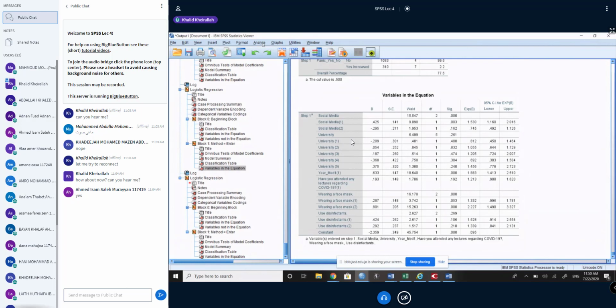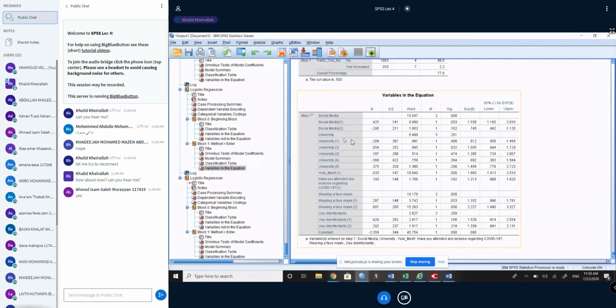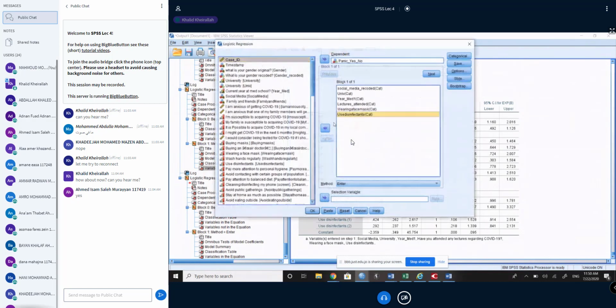Let's see if we add some more variables. We said disinfectant. Cleaning, disinfecting phone, avoid public gatherings, staying at home, avoid eating outside. Let's see all these.